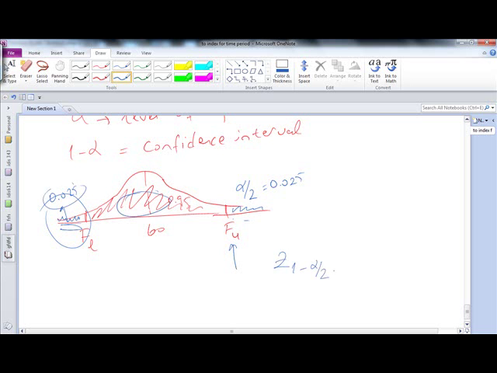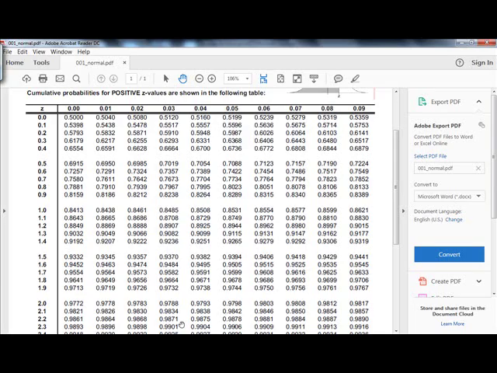So let's do that for our example of 95% confidence level. So the Z value is 1 minus 0.05 divided by 2. That means I'm going to read 0.975. So let me switch to a normal distribution table.